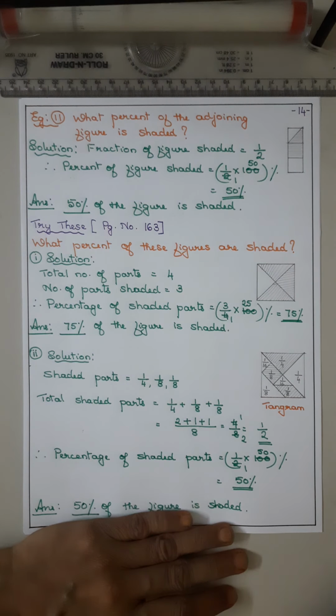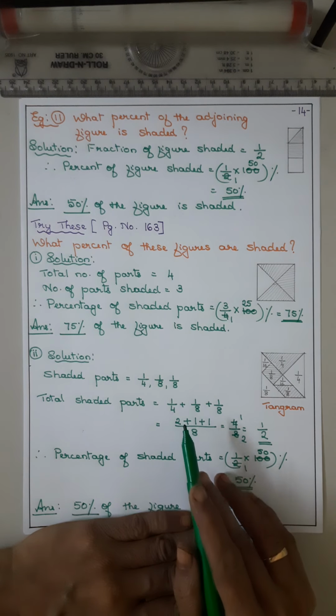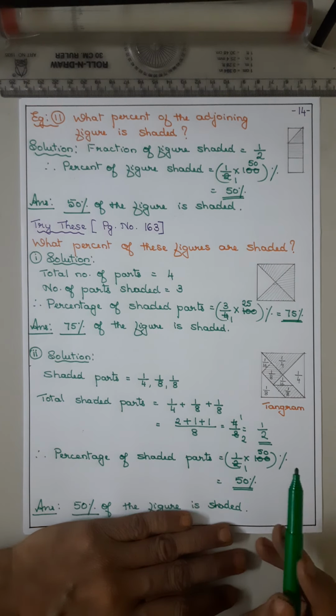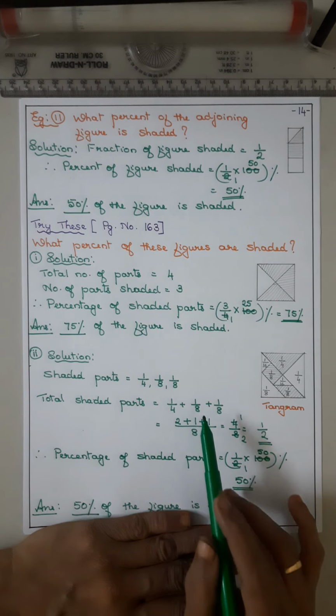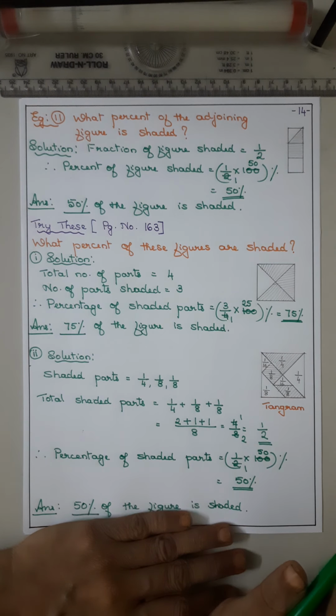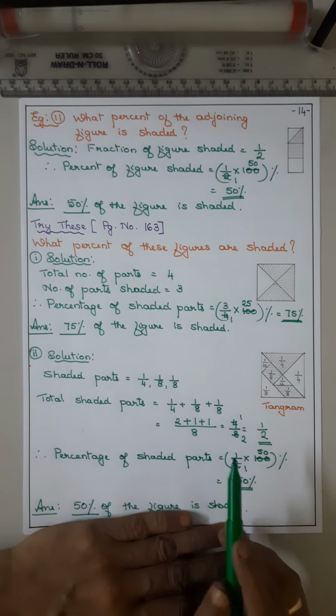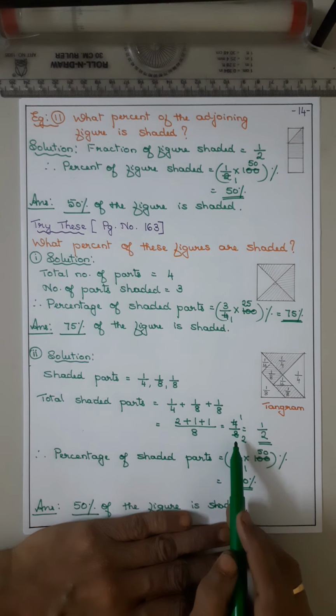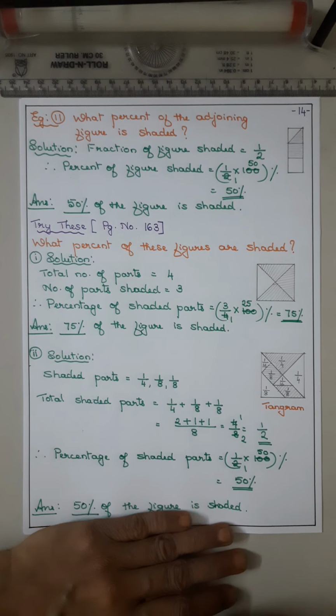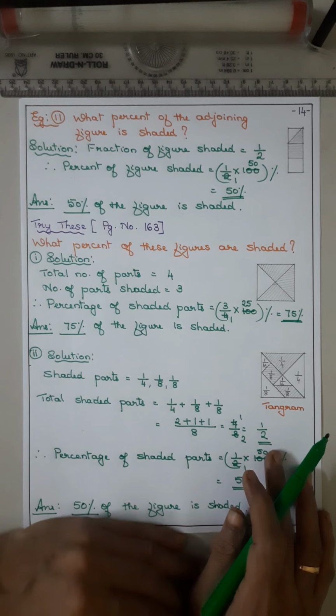4 2s are 8, so 2 4s are 1 2s are 2. Numerator will be 2. Now 1 by 8, 1 by 8. It will be remaining the same. So now you add 2 plus 1 plus 1. It will be 4 by 8. So you got 1 by 2. Okay, that is the total shaded parts.